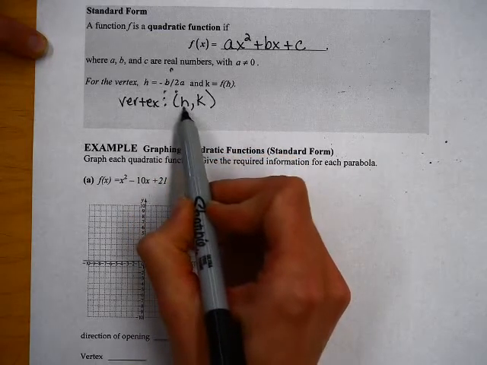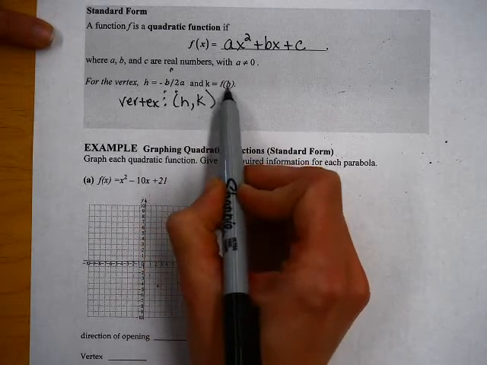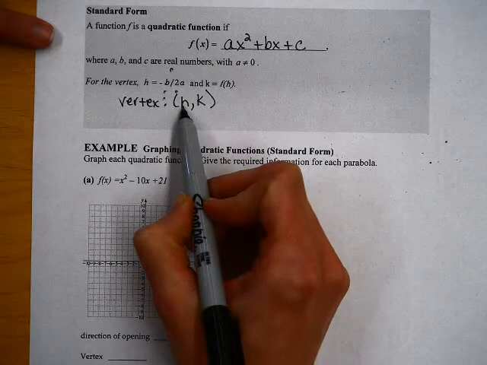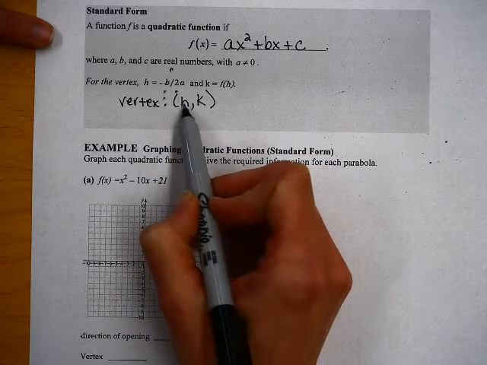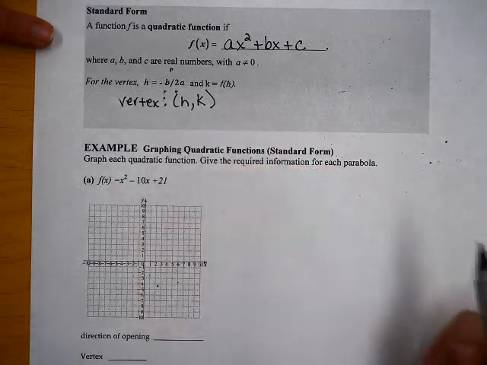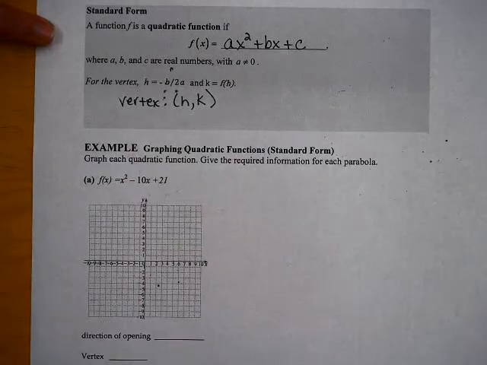So that's how we'll find the x part of our vertex. And k equals f of h, which means that once we find this h value, this x value, we plug that back into our function and solve for y, and that gives us our k. It'll probably make more sense as we work actual examples.